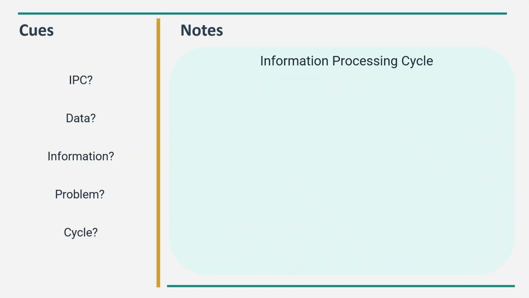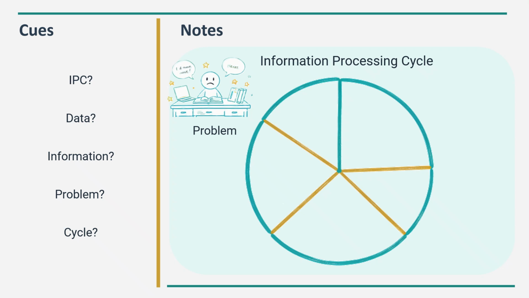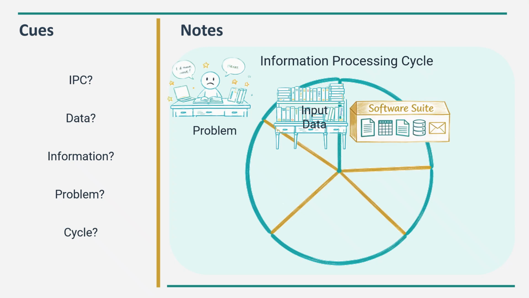This whole process also links to what you already know as the information processing cycle. You start with a certain problem, which you then research to find your data. Your data is your input. By using your software suite, in our case Microsoft Office with Word, Excel, and Access, you process your data to extract what information you can find from it.